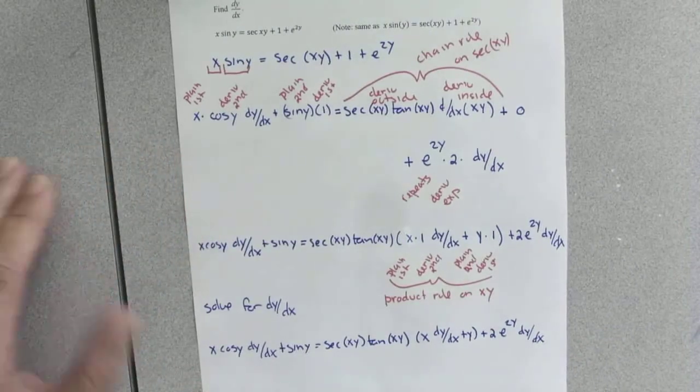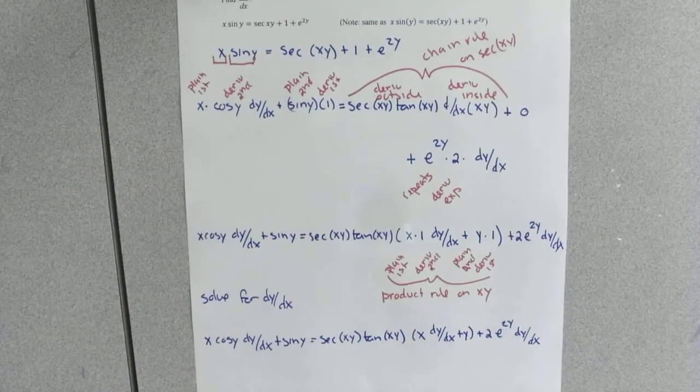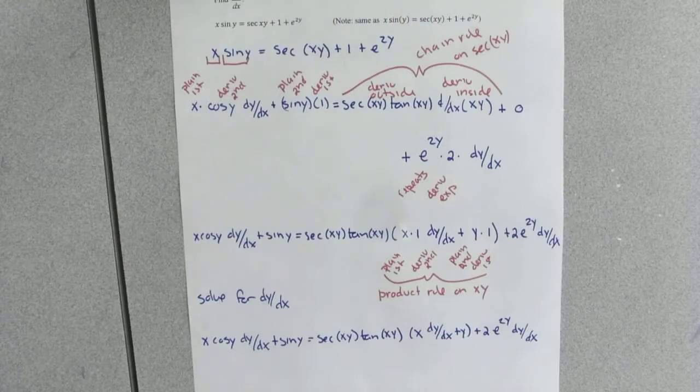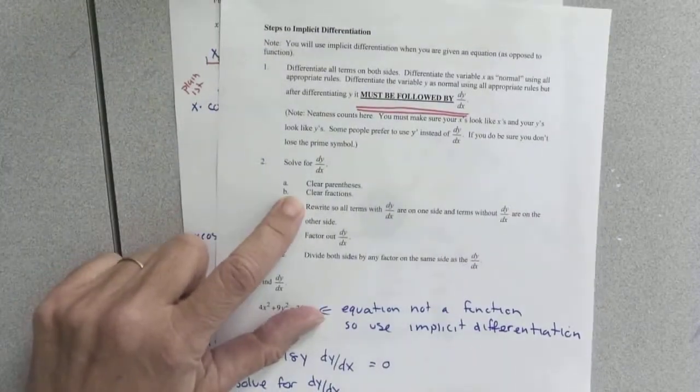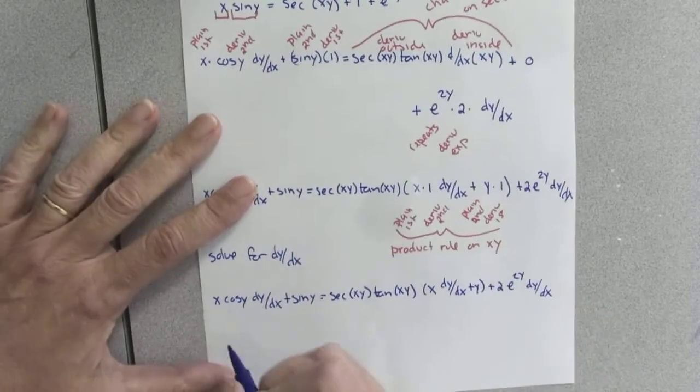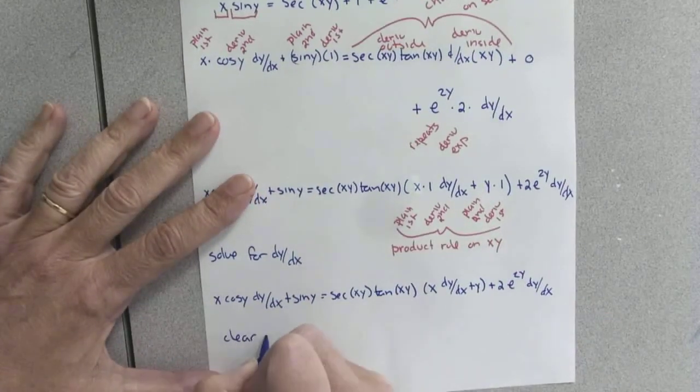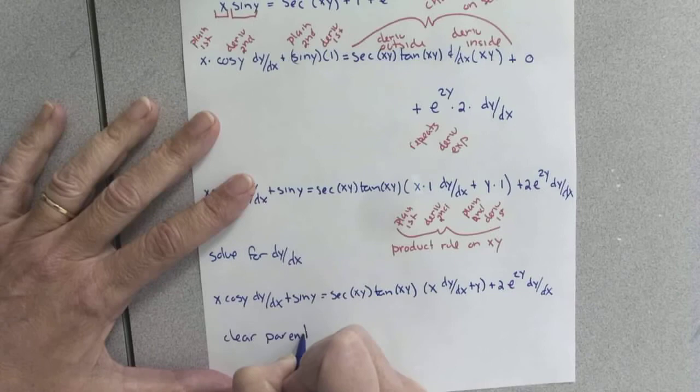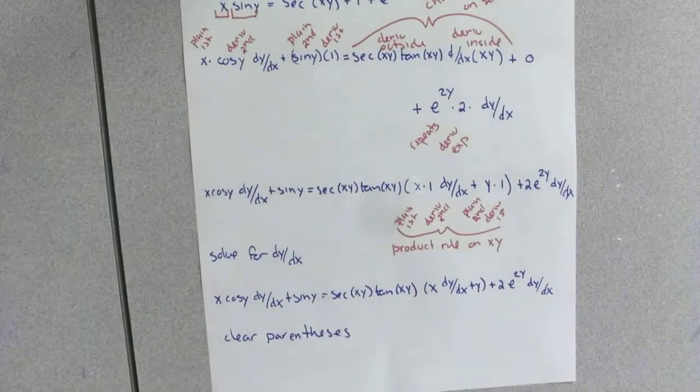And so now I want to get that dy dx, and if you refer back to some basic steps over here, one of my basic steps was to clear parentheses. So that's what I'm going to do first, clear parentheses. And that is where I'll pick up on the next video.